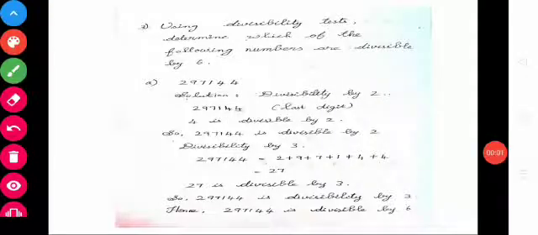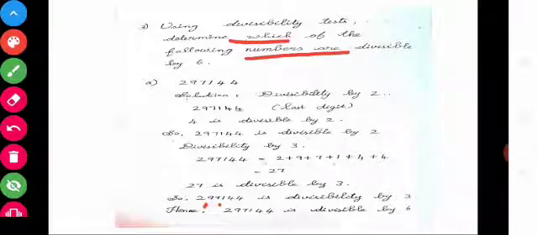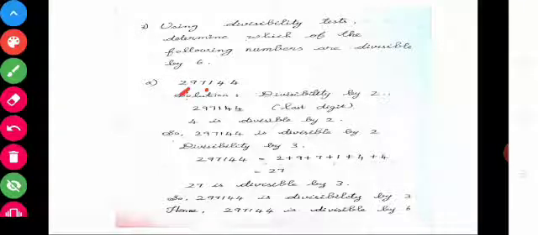The next sum, using divisibility test, determine which of the following numbers are divisible by 6. What is the sum? 2,97,144. We have to check divisibility by 2 and 3. Look at that last digit, it is 4. So 4 is divisible by 2. And then check divisibility by 3.